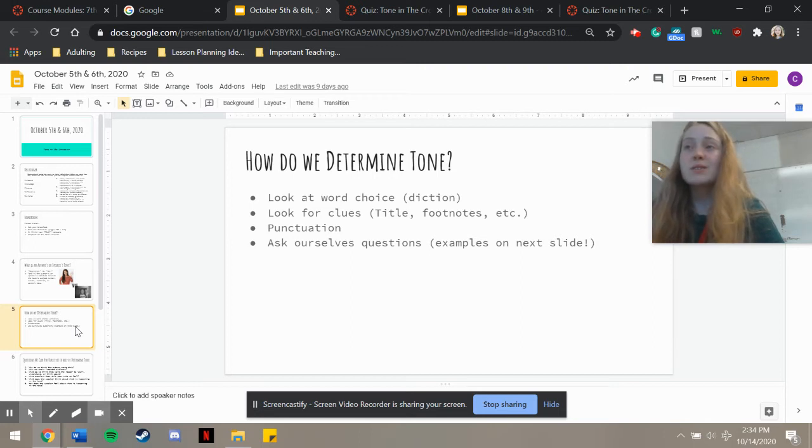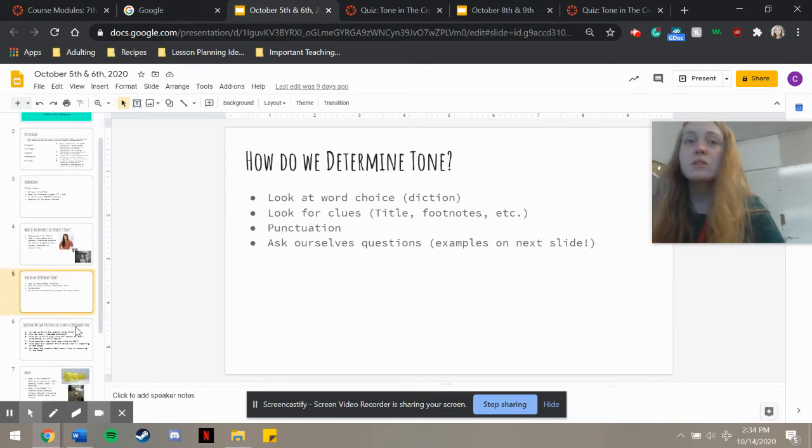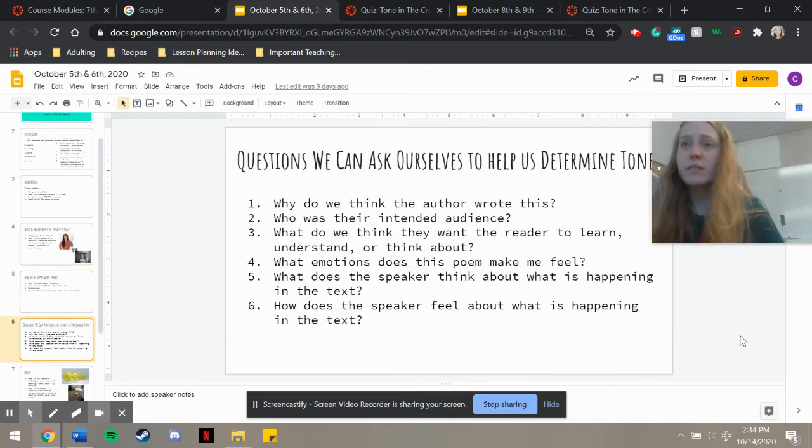And another thing we can do when we're reading is we can ask ourselves questions as we read a story or poem. Some of the questions we can ask ourselves: why do we think the author wrote this? Why did they write this poem? What are they trying to explain or say with this poem? Who was their intended audience? Who did they imagine reading this poem? What do we think they want the reader to learn, understand, or think about?